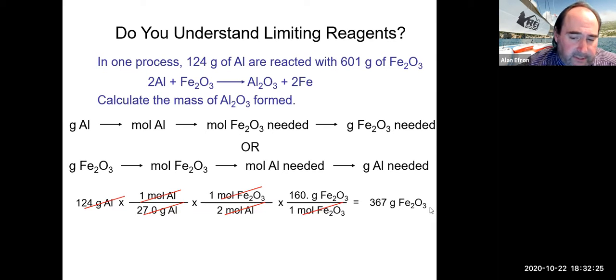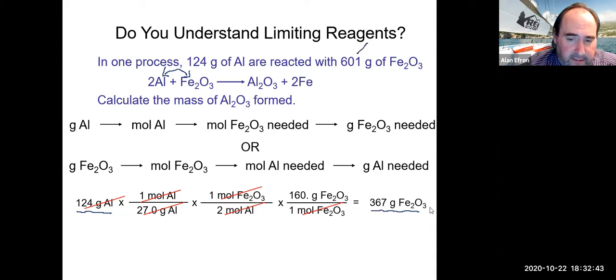So they wanted to use up all 124 grams of the aluminum, and they did a stoichiometry calculation between these two, which is a very common approach as well. They figured out they would need to throw in 367 grams of the iron 3 oxide to do that.